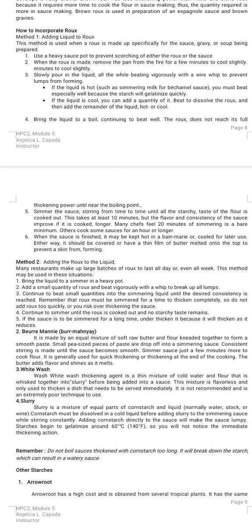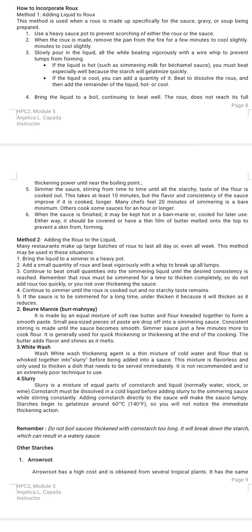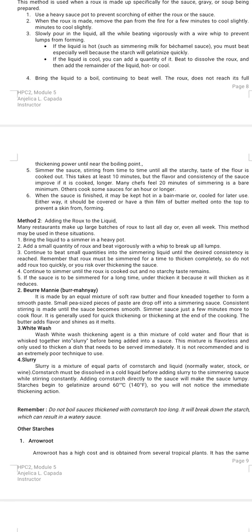Next, when the roux is made, remove the pan from the fire for a few minutes to cool slightly. Slowly pour the liquid all the while beating vigorously with a wire whip to prevent lumps from forming.